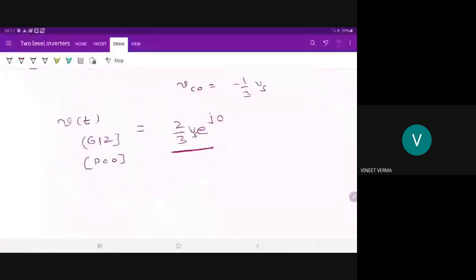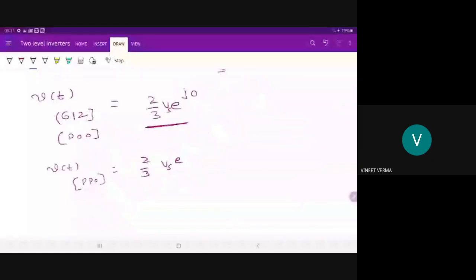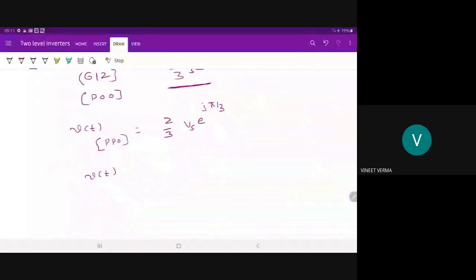Similarly, if you do the same thing, V of t corresponding to PP0, you will get 2 by 3 Vs into e to the power of jπ/3. Similarly, V of t corresponding to 0P0 you will get 2 by 3 Vs e to the power of j2π/3, and so on.